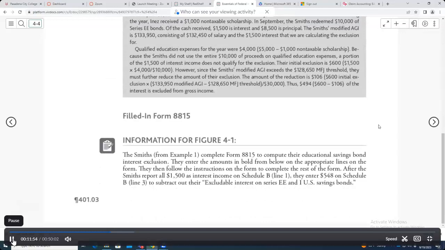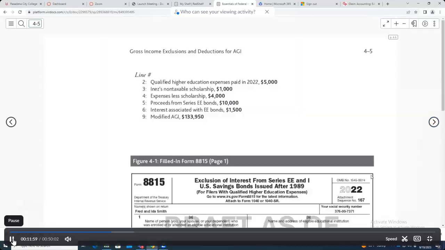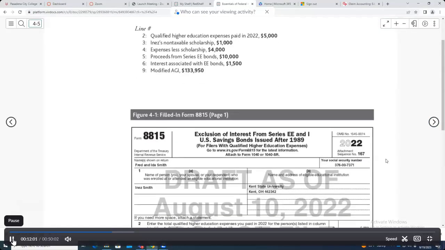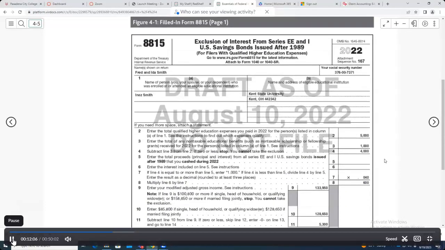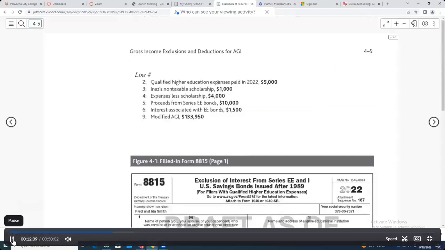And there's a form that normally the software will fill up for you. Form 8815. So here is the calculation for modified AGI and some other information: non-taxable scholarship, total expense 5,000 minus scholarship is 4,000, proceeds from the bond is 10,000, and interest earned is $1,500.